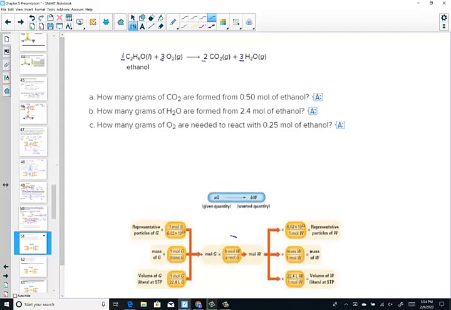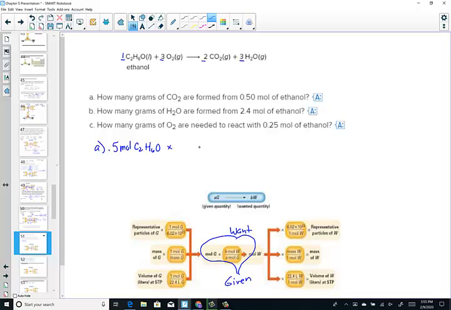All right, here's the heart of our problem, the want over given coefficient ratio, where coefficients become the conversion factor. Letter A gave us 0.5 moles of ethanol, C2H6O.